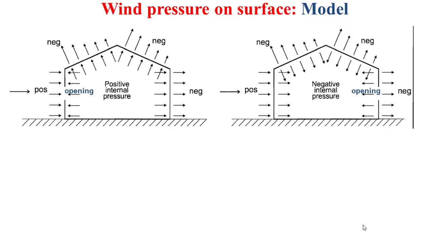Now the internal pressure is considered positive when the opening is carried out in the windward wall, and when it is positive, it pushes the wall and the roof towards the outside of the building. When the opening is carried out in the leeward wall, the internal pressure will be negative, and when it is negative, this means that it pushes the wall and the roof towards the inside of the building.